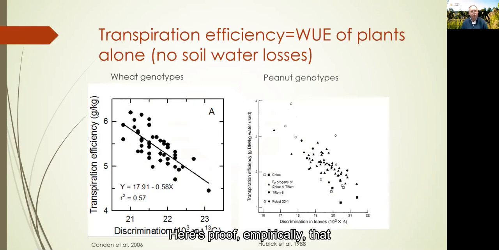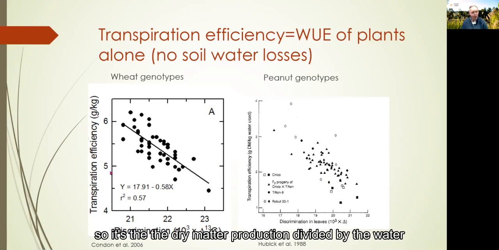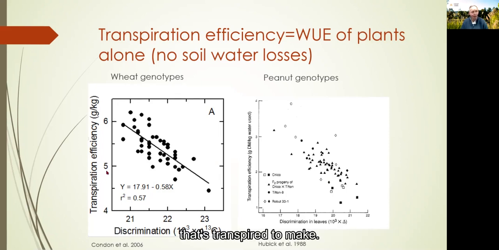Here's proof empirically that transpiration efficiency, which is the water use efficiency alone with no soil water losses, so it's the dry matter production divided by the water that's transpired to make it.